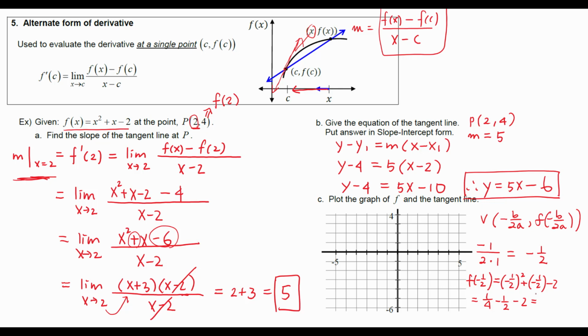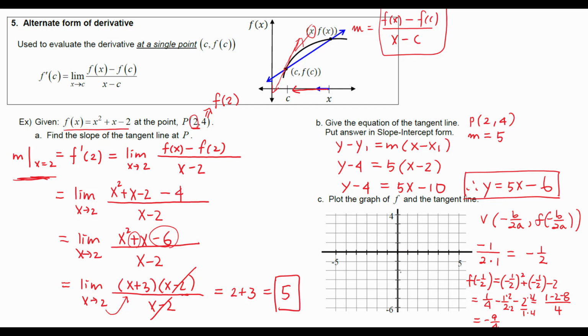With a common denominator of 4, you get 1 minus 2 minus 8, so you get negative 9/4. So the vertex is negative 1/2, comma, negative 9/4, which is about negative 2 1/4.